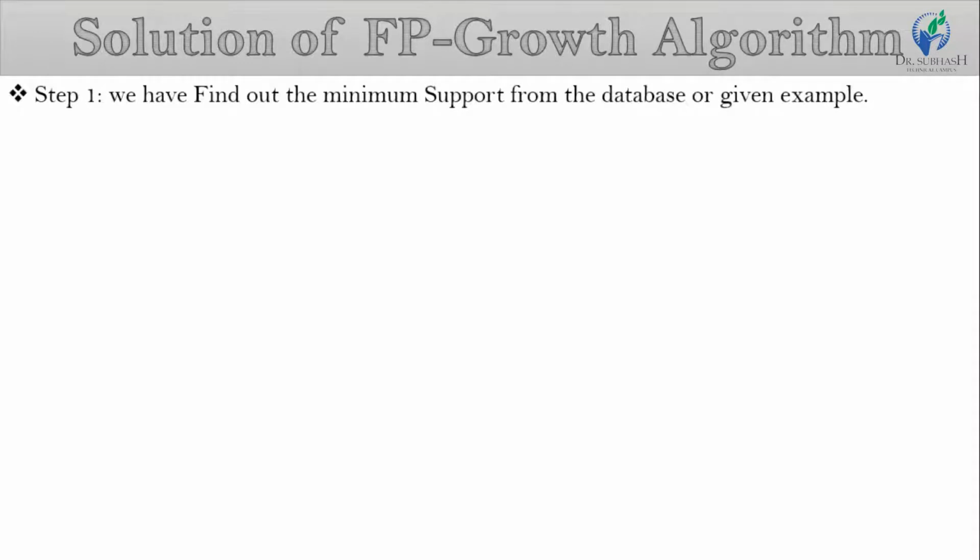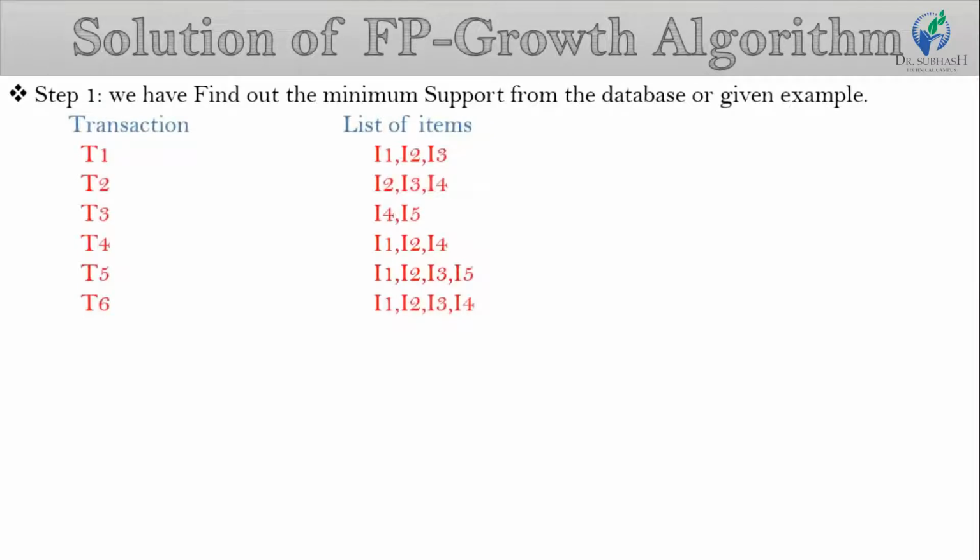Now I will explain the solution for that. So we start with step number 1. In step number 1, we have to find the minimum support from the database or given example. In this example, a support threshold of 50% is given, and we see the total number of transactions is 6.